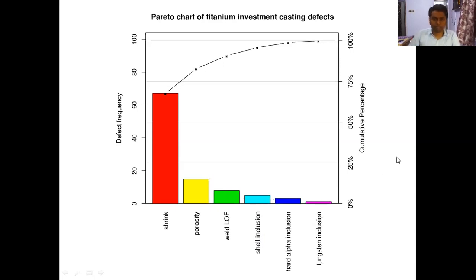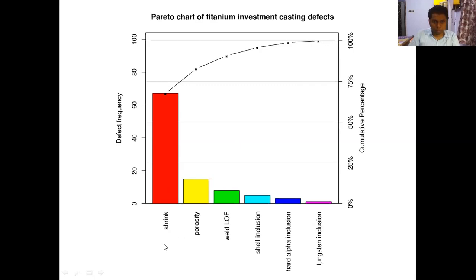And these represent your cumulative percentage values. So all these 6 defects comprise 100% of the quality-oriented problem.